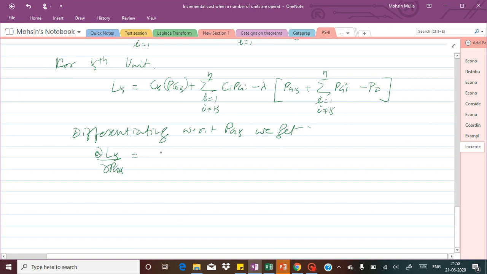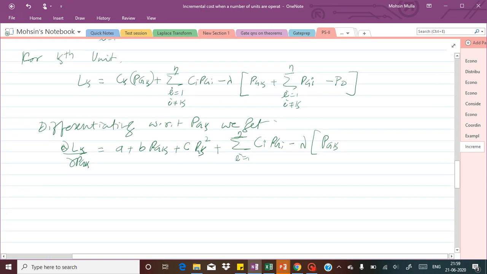Ck of Pgk is nothing but the condition we already obtained, a plus b Pgk plus c Pgk square, plus summation I equal to 1 to n Ci Pgi, minus lambda times (Pgk plus summation I equal to 1 to n Pgi minus Pd).